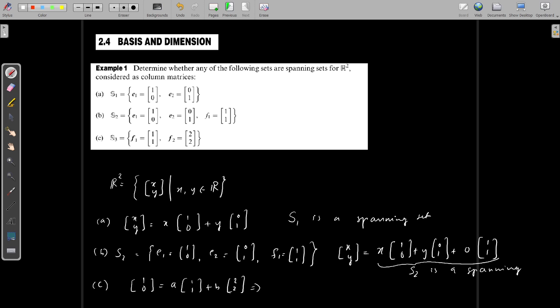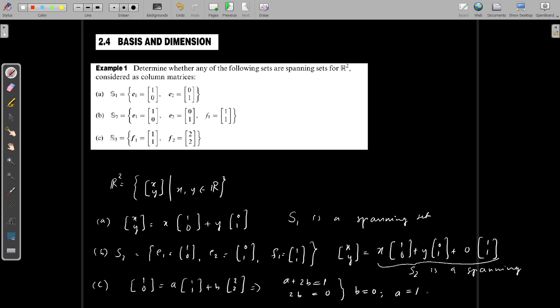But when you write this, you get a plus 2b is equal to 1 and a plus 2b is equal to 0. When you expand or simplify this, you get this one. From this you can write b is equal to 0. When b is equal to 0, you get a is equal to 1.